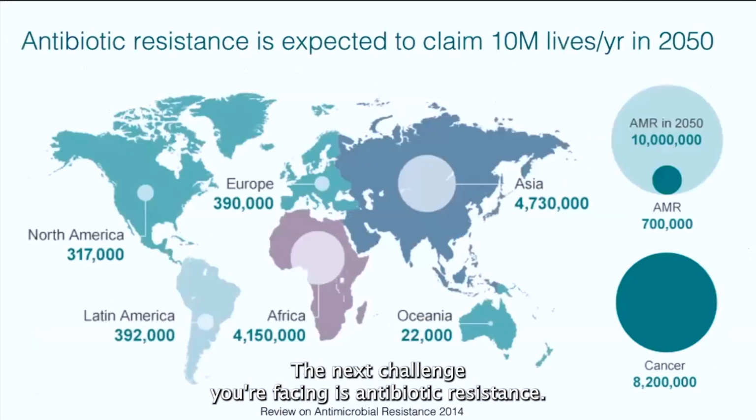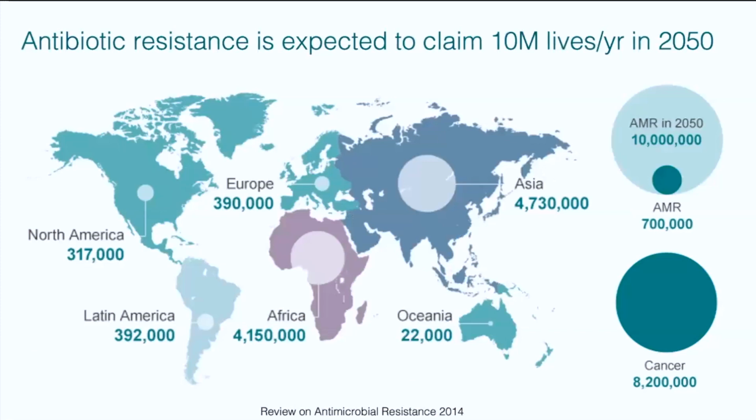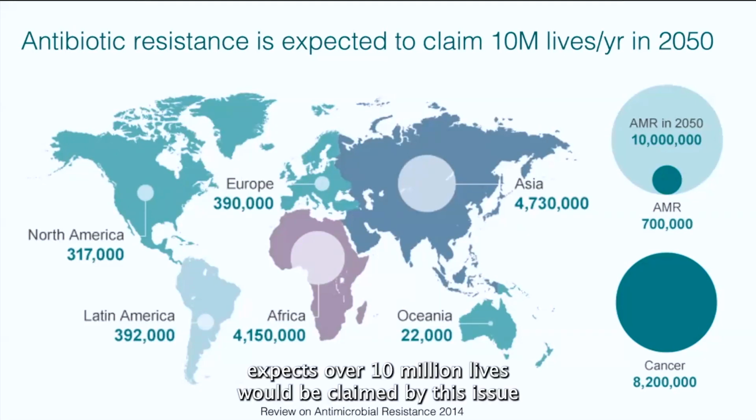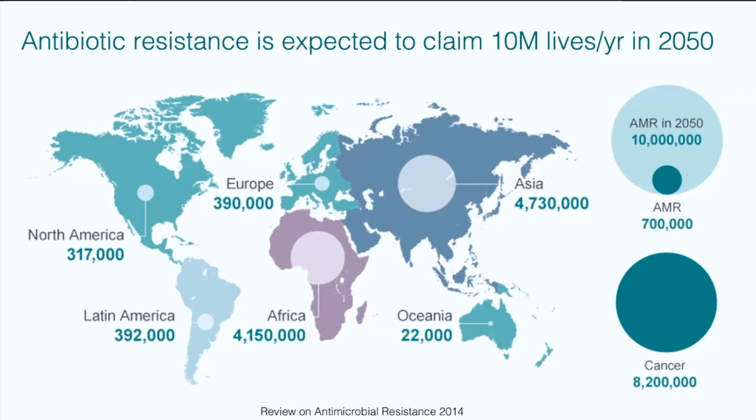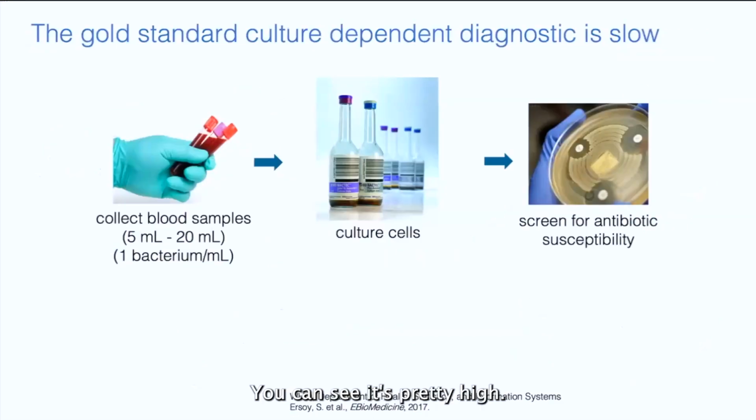The next challenge we're facing is antibiotic resistance. This is an up and coming one where by 2050, the WHO expects over 10 million lives would be claimed by this issue, compared to what the current mortality load of cancer is. You can see it's pretty high.